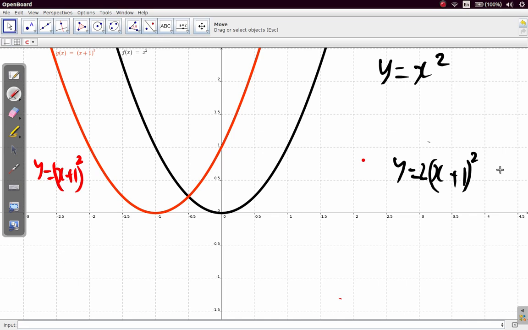Now, 2 times x plus 1 squared. What does that look like? Let's see. We have 2 open bracket x plus 1 close bracket raised to the power of 2.